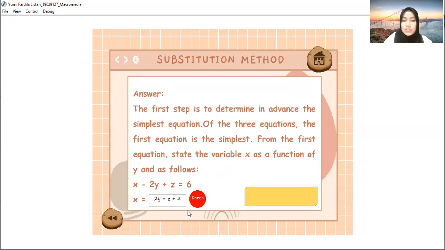And if the student clicks the check button, the answer is incorrect, please try again.